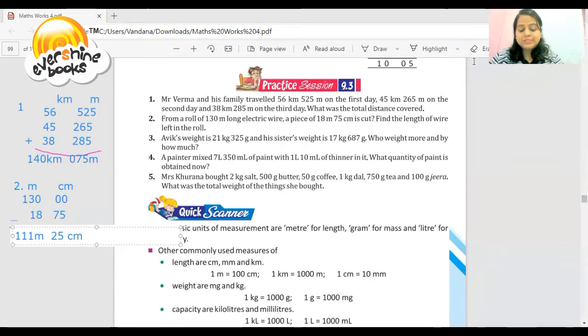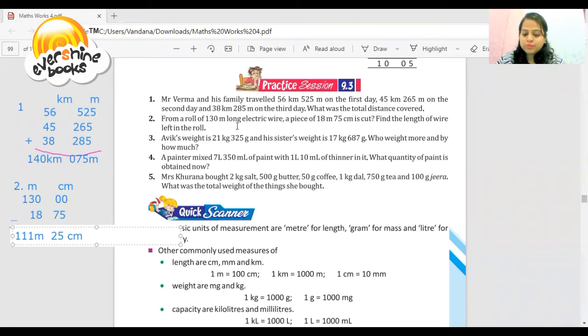Now, students, it's your exercise 9.3 related to your word problems. So, just read it very carefully. Mr. Verma and his family traveled 56 km 525 meter on the first day, 45 kilometer 265 meter on the second day, and 38 kilometer 285 meter on the third day.